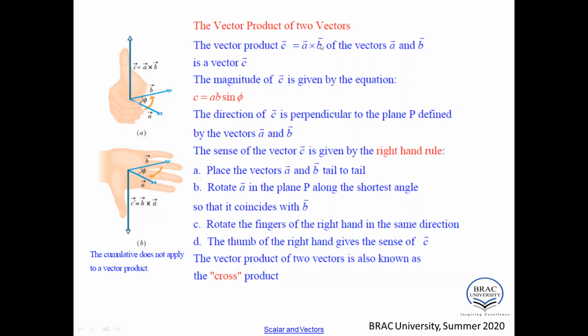Here we consider the vector product of vectors A and B, A cross B, which is another vector called C. So vector C has magnitude AB sine phi, and in case of direction, C is perpendicular to the plane P as shown in this figure.